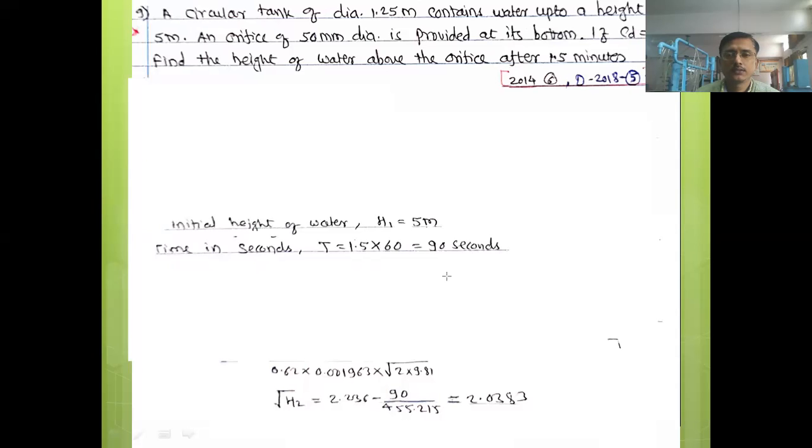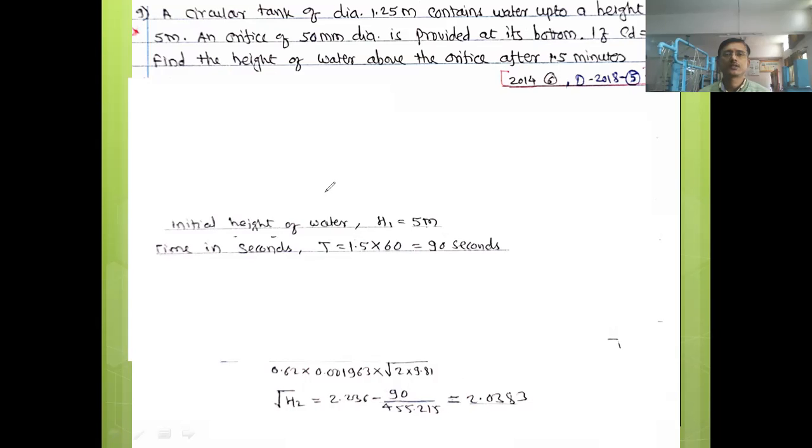A circular tank of diameter 1.25 meter contains water up to a height of 5 meter.